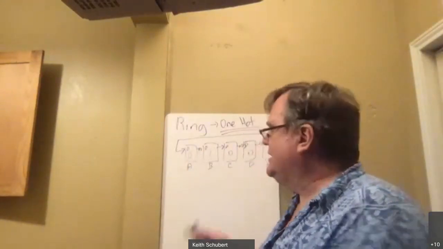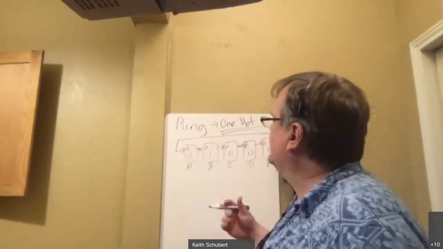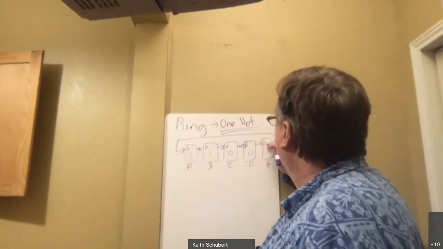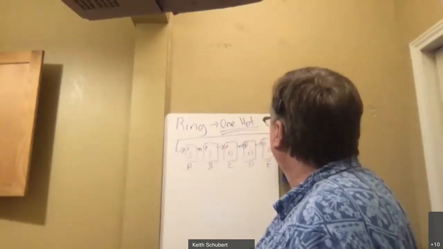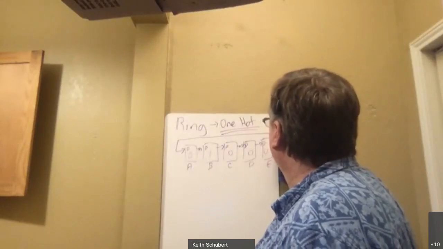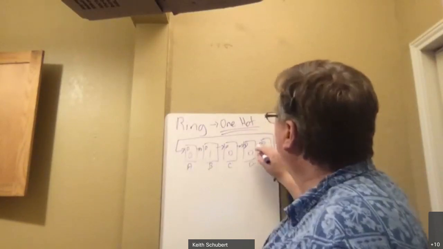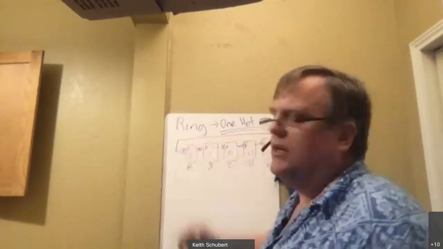What if I took that same basic idea and I did a slight variant on this? Instead of taking the output from Q, what if I took it from Q prime? All these other ones are Q to D, except the last one, which does Q prime and comes back around.